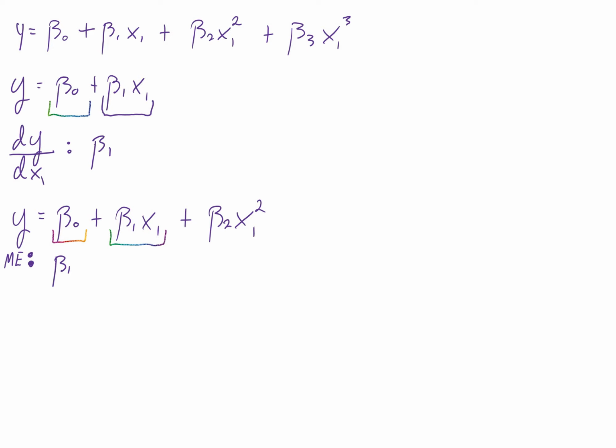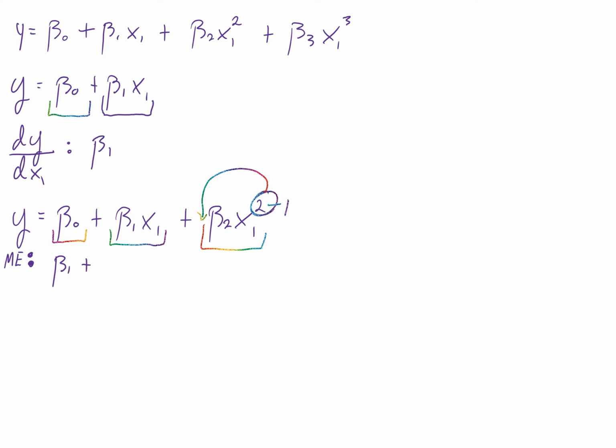But now we have beta 2 times x1 squared. For the derivative of beta 2 times x1 squared, first we're going to bring this 2 down to the front, and then we're going to subtract 1 from that exponent.